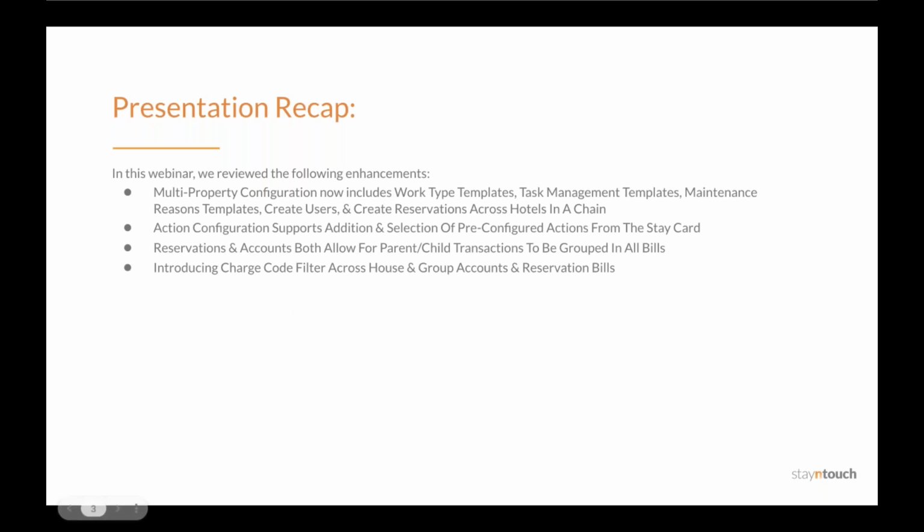So I'd like to take some time to review what we went over. So first off, multi-property configuration now includes work type templates, task management templates, maintenance reason templates, and you can now create users and create reservations across hotels in a chain.